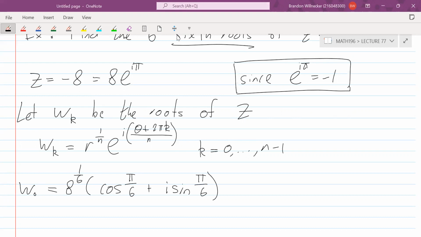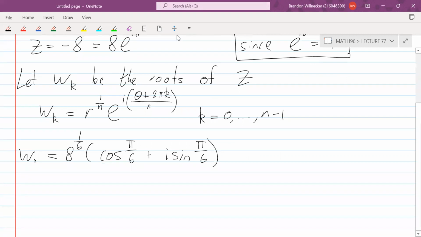This is for k equals 0, so we just have this e^(iθ/n). Okay, so we can simplify this. 8^(1/6) is going to be root 2. Cos(π/6) is going to be root 3 over 2. Sin(π/6) is going to be a half. So we have our first root, w_0.